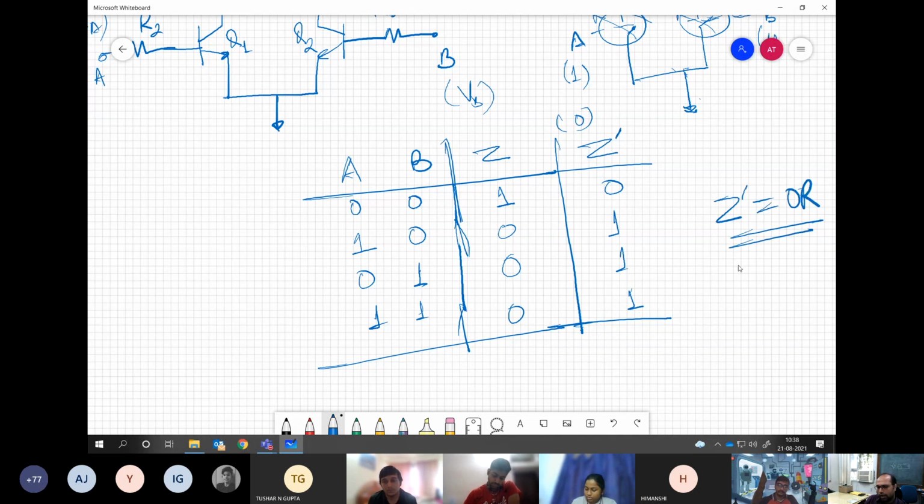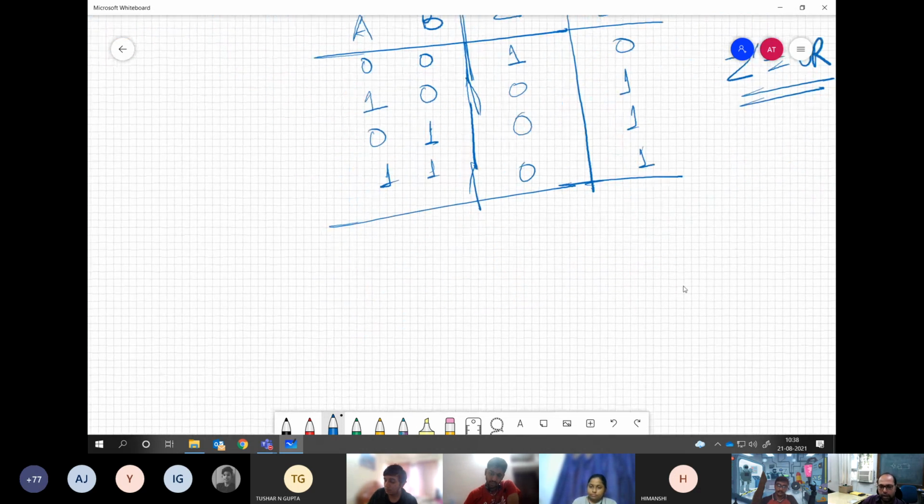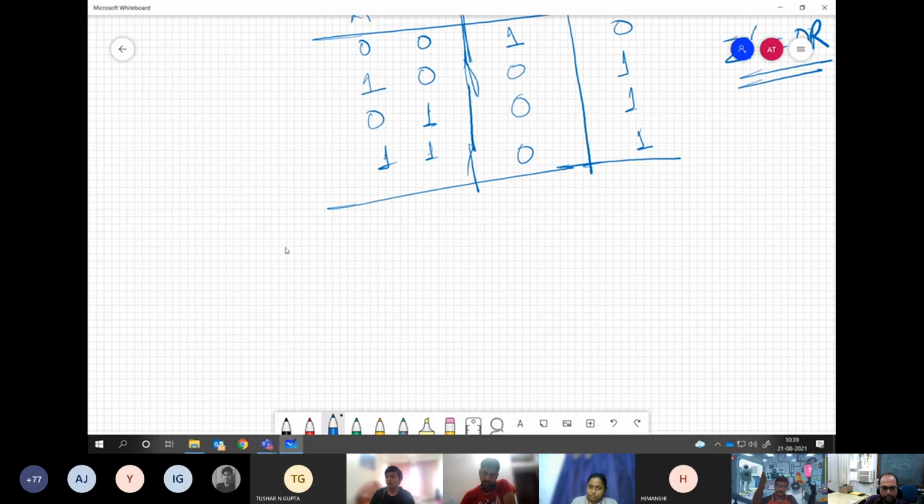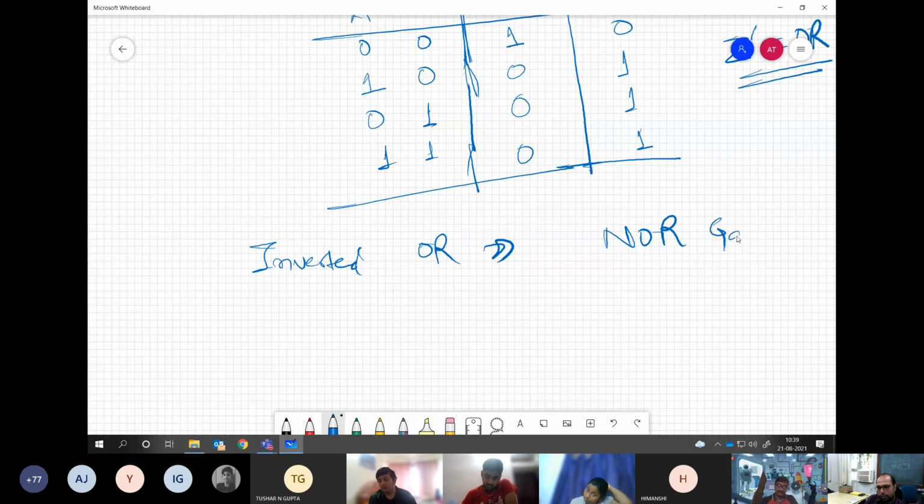basically the OR gate. In other words, what we have realized using this circuit is basically an inverted OR gate, which is also called a NOR gate. Understanding my point?